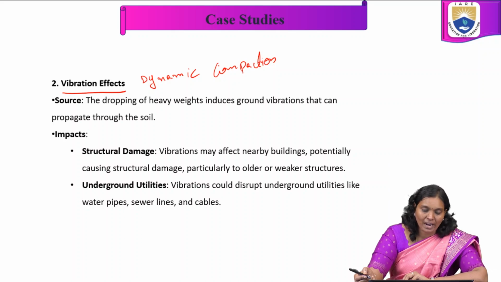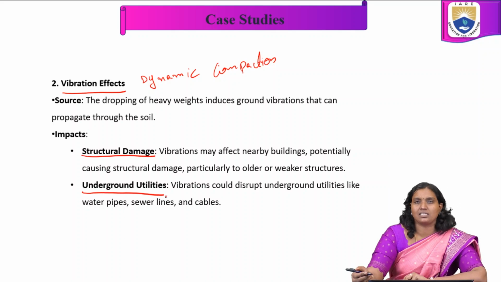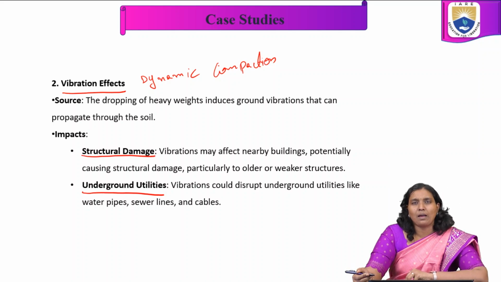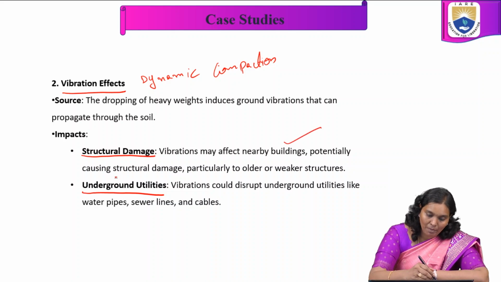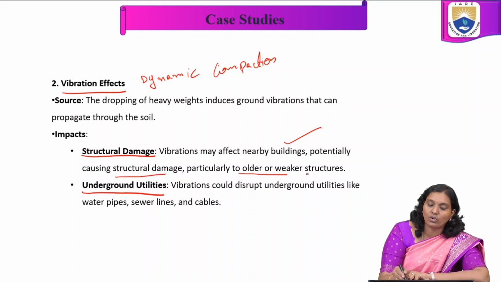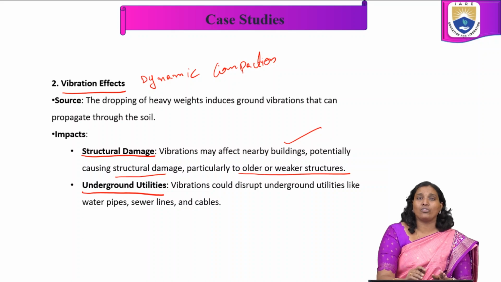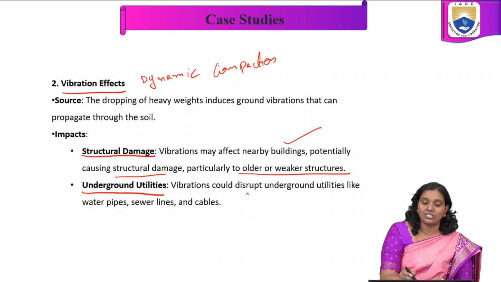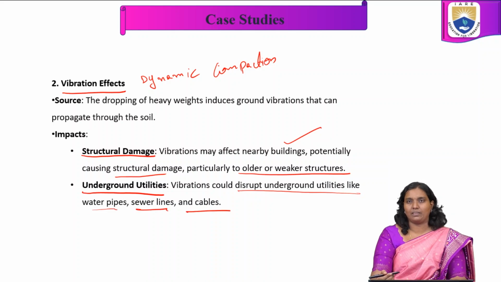The impacts are structural damage and damage to underground utilities. In structural damage, vibrations may affect nearby buildings, potentially causing damage, particularly to older or weaker structures. As for underground utilities, vibration could disrupt water pipes, sewer pipes and various cables which are involved at the ground level.